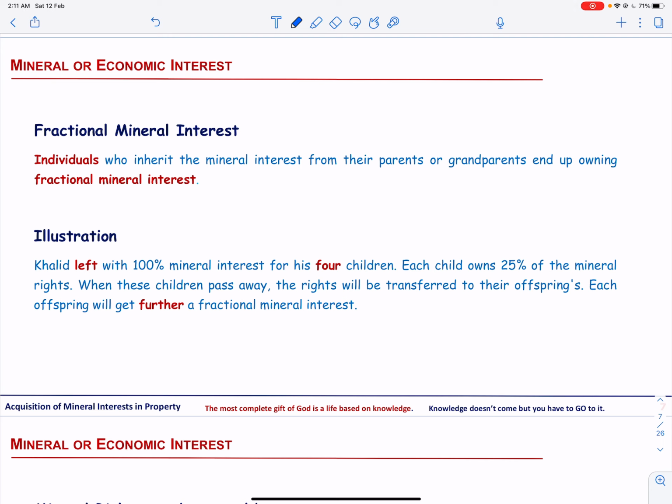When these children pass away, the rights will be transferred to their offspring. Each offspring will further get a fractional mineral interest. Who owns mineral interest is what we are going to talk about in the next slide.